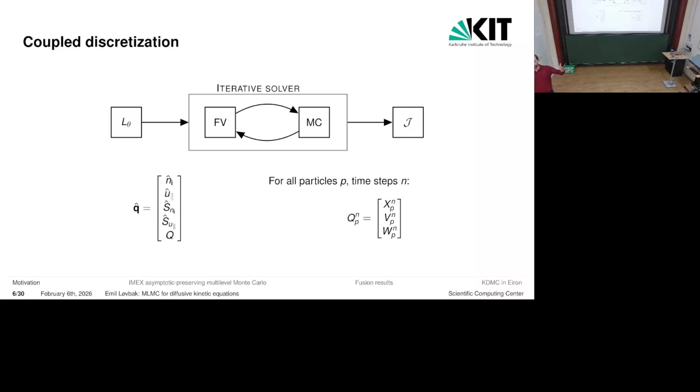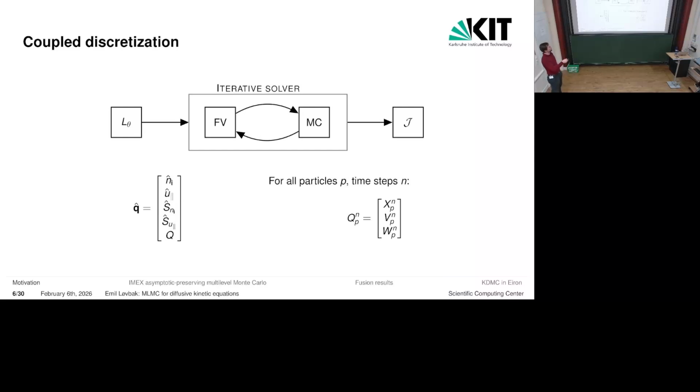If you consider a domain where the diverter is on one side, you just adjust the length of your domain. So that's what L theta is. You plug a proposal for L theta into your iterative solver, you iterate over the finite volume and Monte Carlo code, say a few hundred iterations, and out comes some objective J, you can call this. This is somehow saying how good your simulation is.